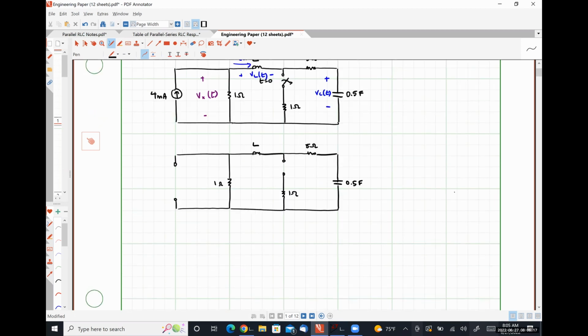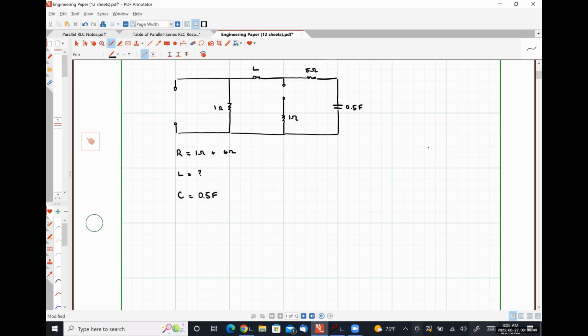And so we can see that this is a series RLC circuit where our equivalent resistance R is 1 ohm plus 5 ohms, which is 6 ohms. Our equivalent inductance L is to be determined, and our capacitance C is equal to 1/2 of a farad. In order to determine the value of L that will cause critical damping, we need to understand that critical damping occurs when alpha is exactly equal to omega naught.